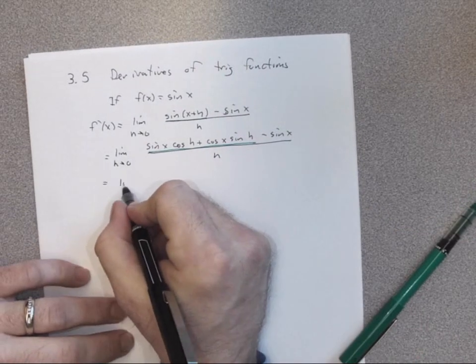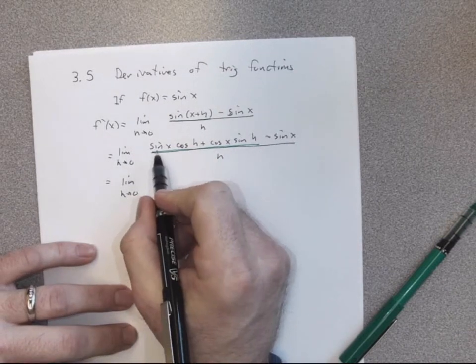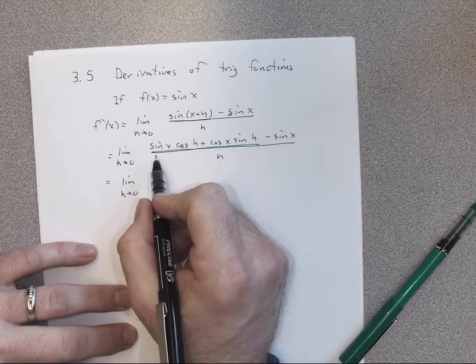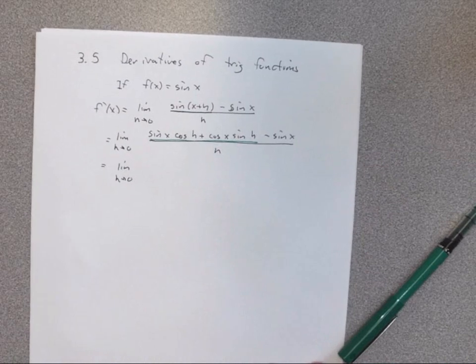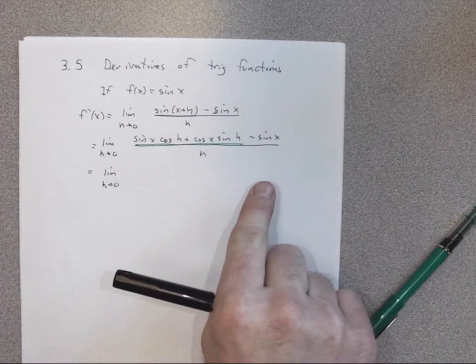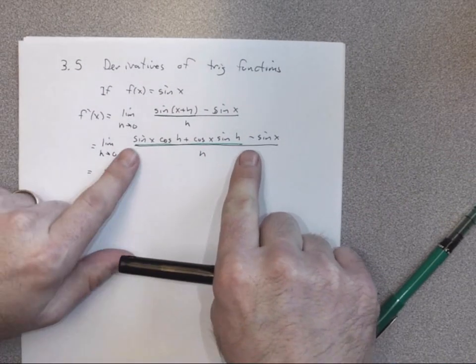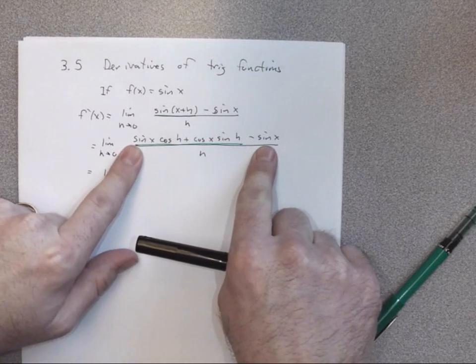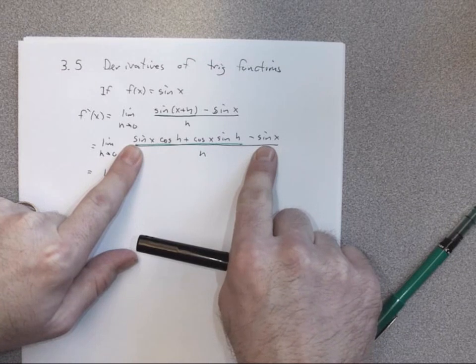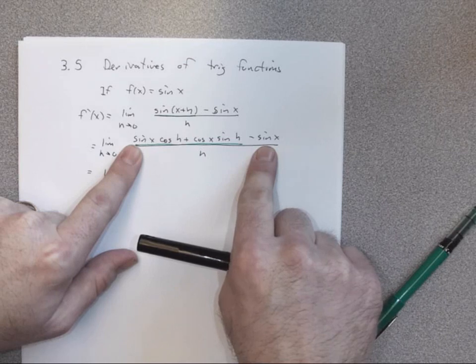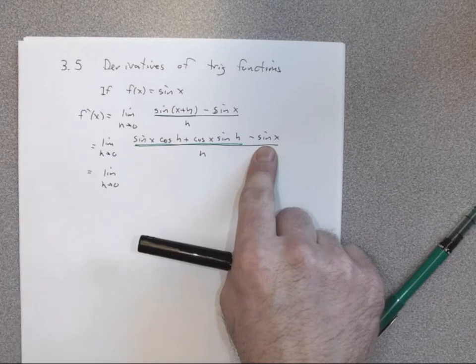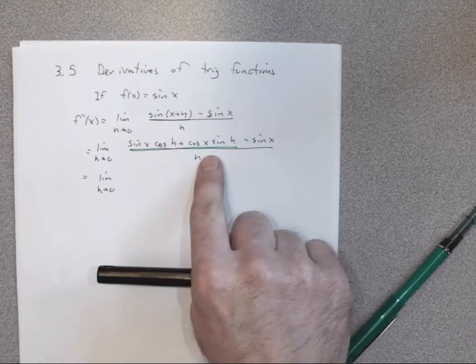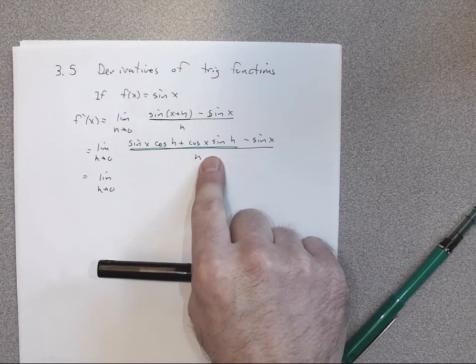Now this is going to be equal to the limit as h goes to 0 of, I'm going to collect some like terms. I'm going to collect these and put them together.